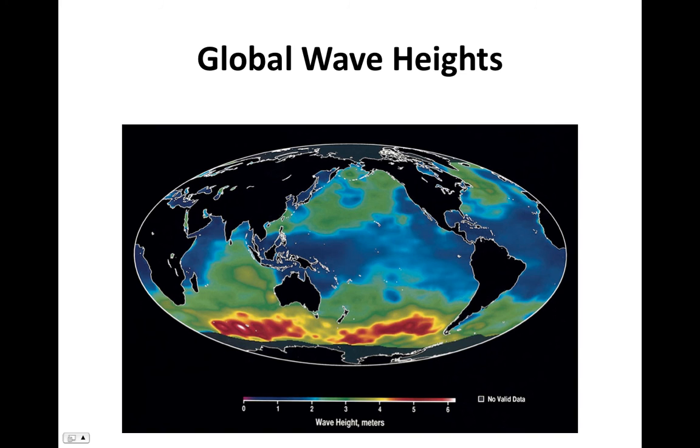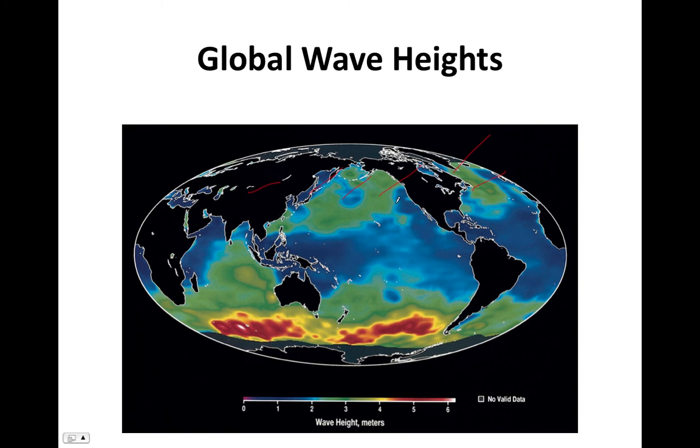Here's a map of global wave heights. The color represents the wave height, and red is highest, and then you get the lowest until blue and purple are the lowest. You see we have the largest wave heights down here, and that's because up here we have westerly winds that blow from west to east.